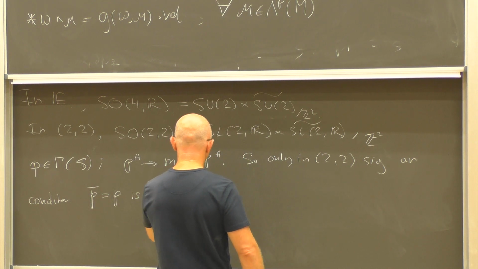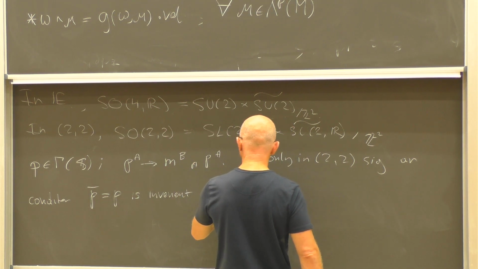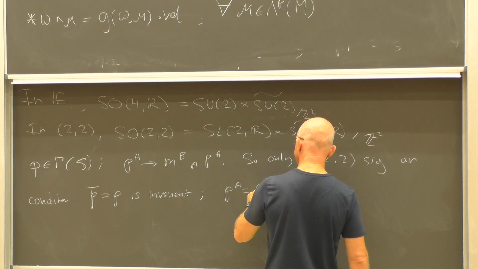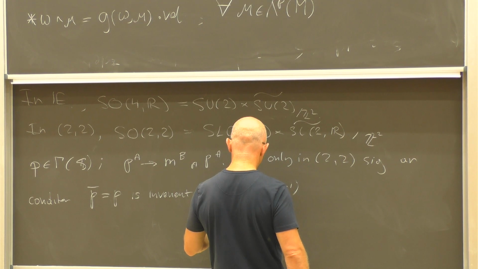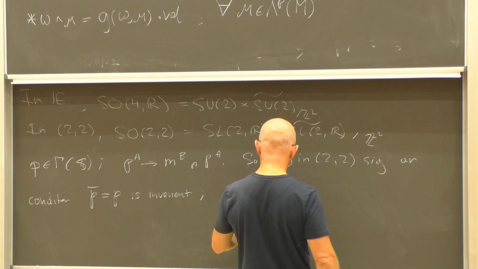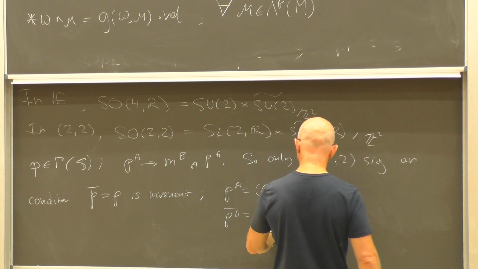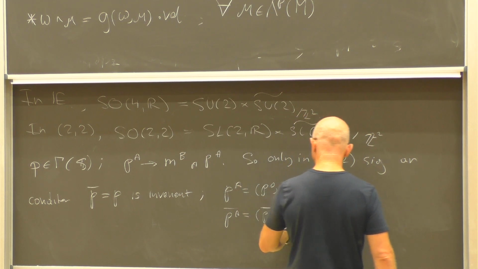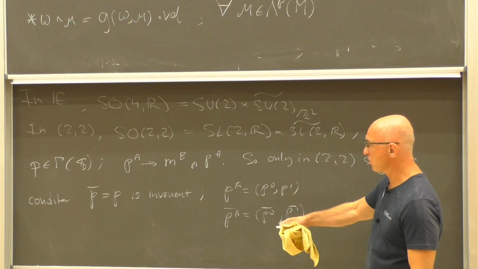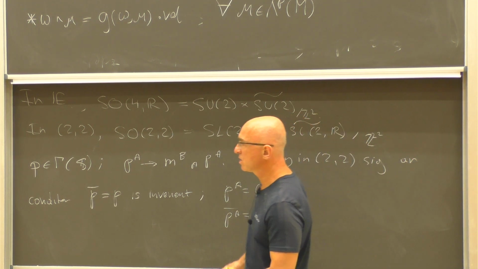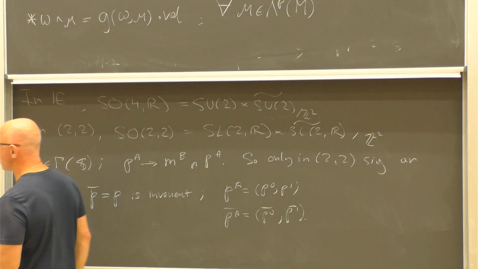Very concretely, P^A has two components, P0 and P1, and P^A bar also has two components, P0 bar and P1 bar. See what happens in Lorentzian signature, a complex conjugation takes you from one spin space to another.